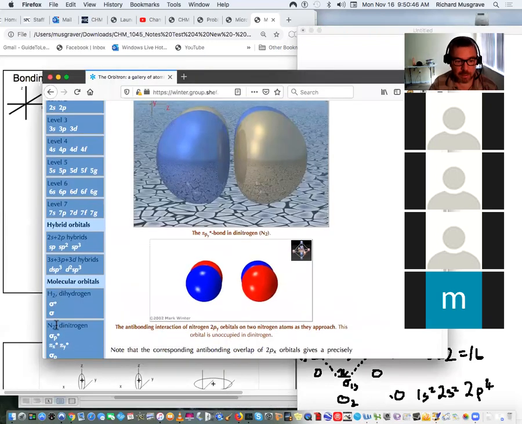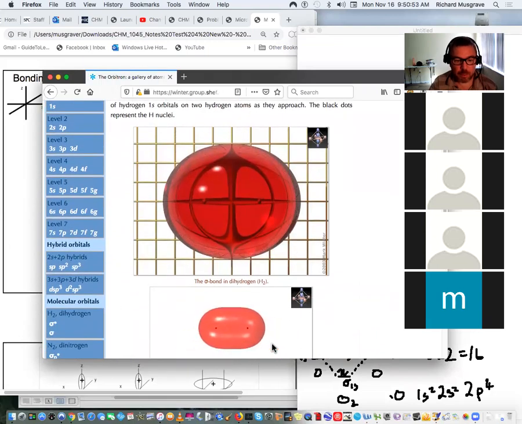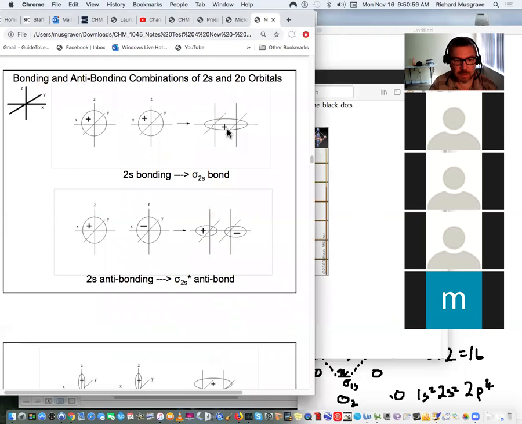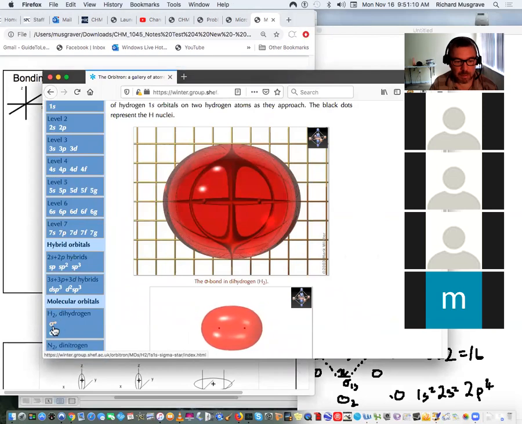I'll show you this in the diagram. Let's go back to that sigma. Here it is. That's what I showed you earlier. The 2 1s orbitals, same color, same phase, form the molecular orbital, and that's what we're seeing in the diagram here. If we do opposite phases, we get the anti-bonding. You can see that there's this opposite way where we don't see the bonding.